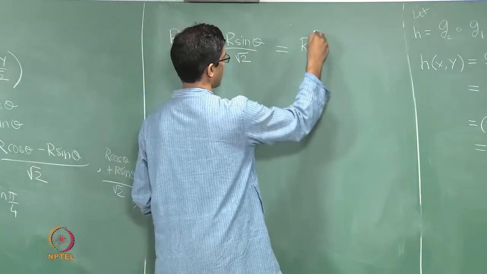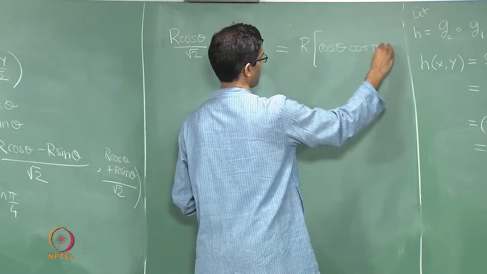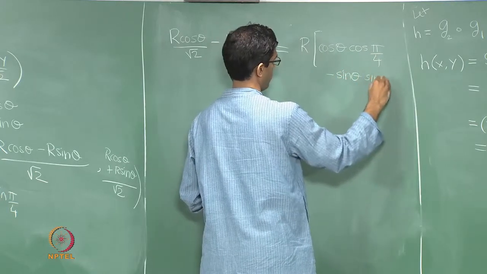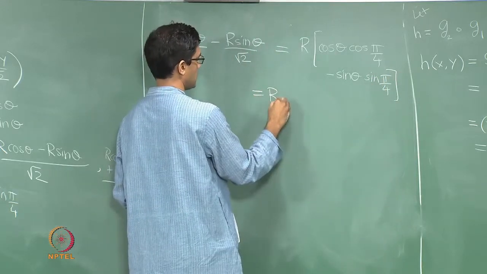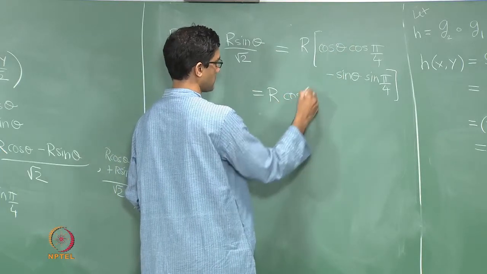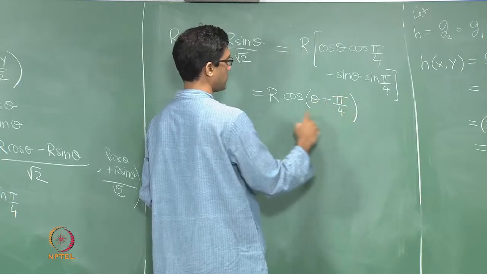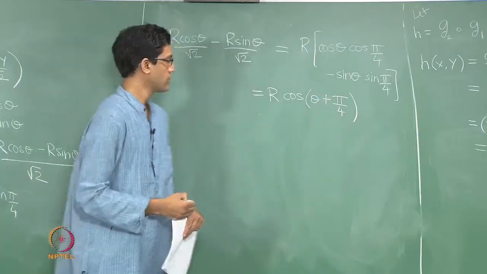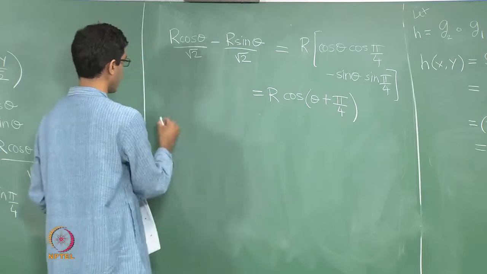It is really r times (cosine of theta cosine of pi by 4 minus sine of theta sine of pi by 4), and this is just r times... So, now we use the trigonometric identity for the cosine of a sum. So, cosine of (theta plus pi by 4) would exactly be cosine theta cosine pi by 4 minus sine theta sine pi by 4.